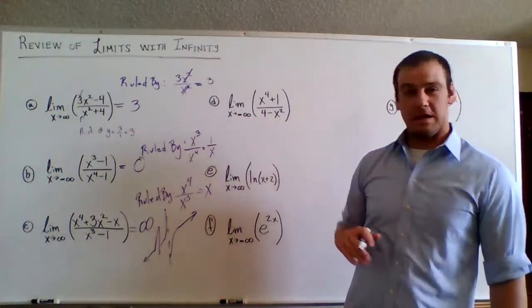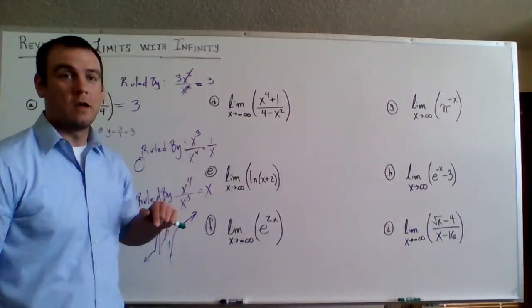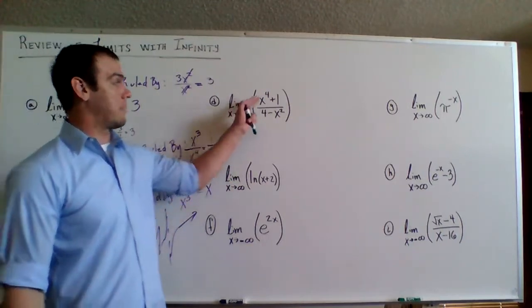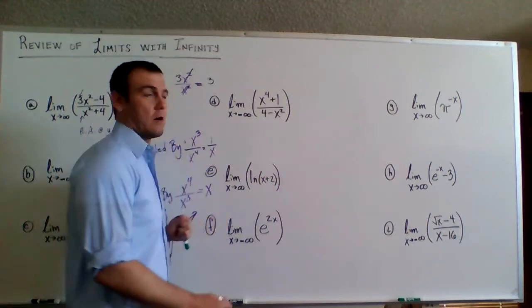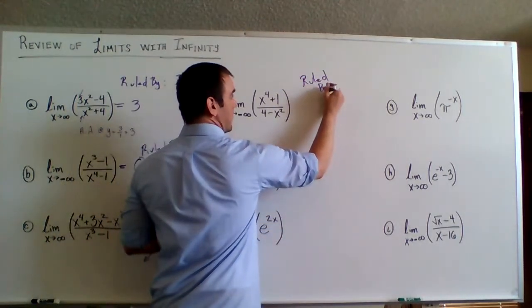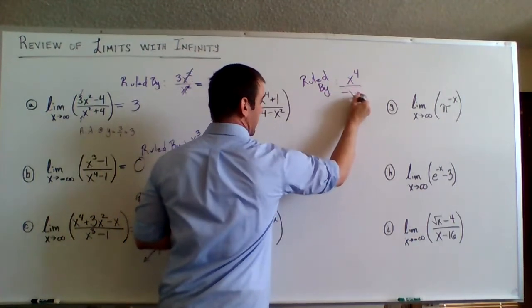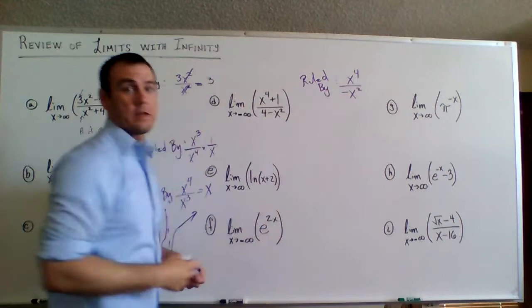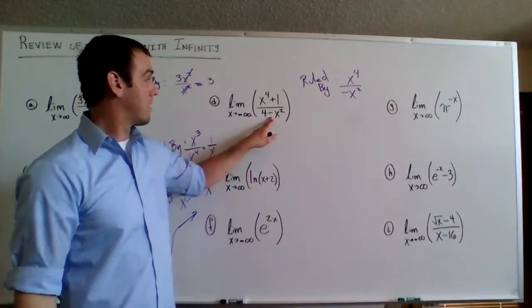On D, once again, my degree is bigger on top. If my degree is bigger on top, there is no horizontal asymptote, so we must be thinking about what is ruled by. Our end behavior is going to be ruled by x to the fourth over negative x squared. That's really important. A lot of people will forget about that negative.